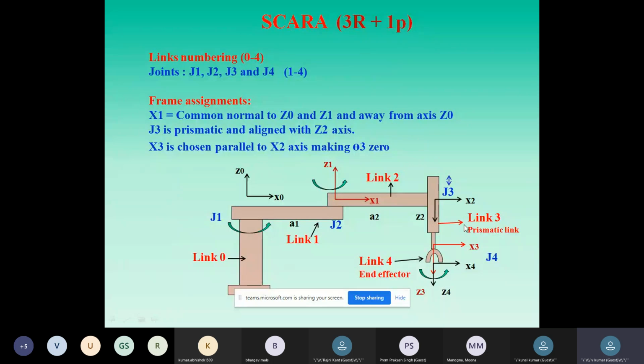So we have made Z1 and X2 the same direction, so there is no angle. So the angle here becomes theta 0. And similarly for the last tool, parallel to the X3 axis. We know Z0, X0, calculate Y0. We know Z1, X1, calculate Y1. In this way, we calculate the Y axis for our frames.